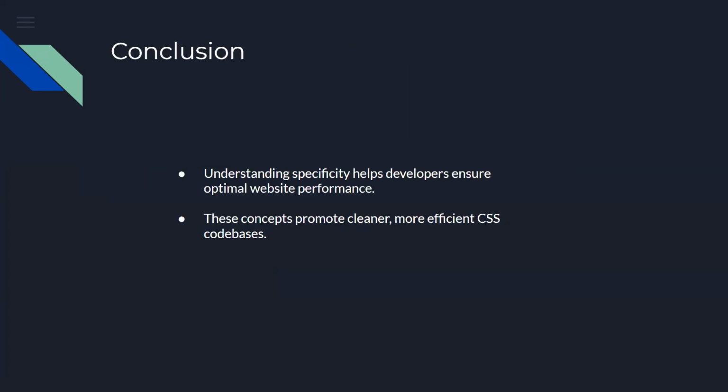In conclusion, what I've learned as I prepared this is that it's imperative for us to understand specificity, that it helps us to ensure that we work optimally and our websites perform very well. It also leads to cleaner code, and it helps us work very efficiently. And our CSS code would be a pleasure to read.